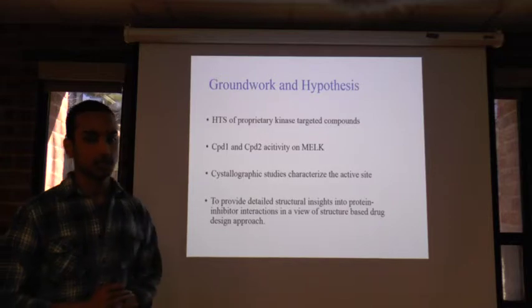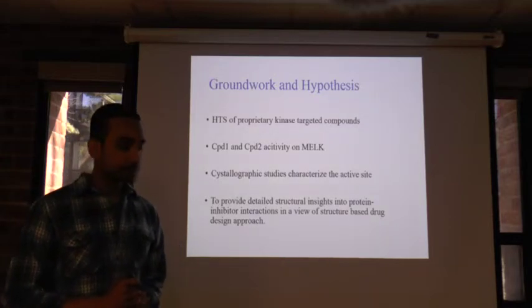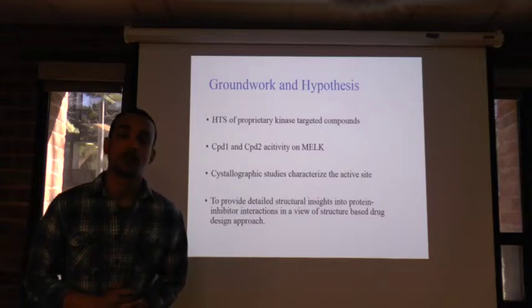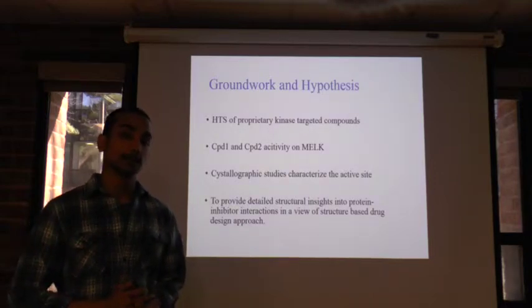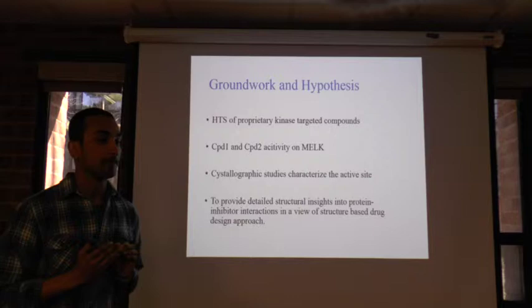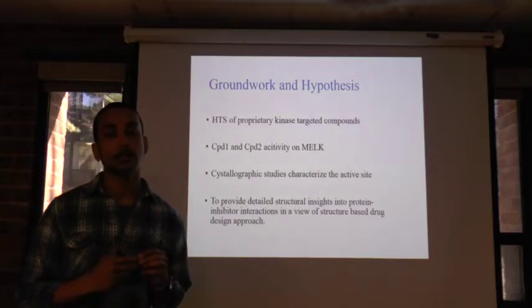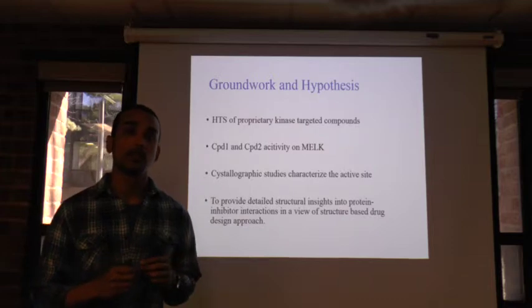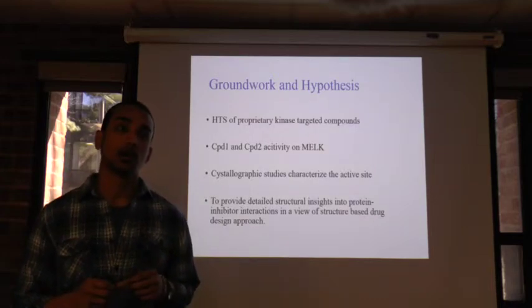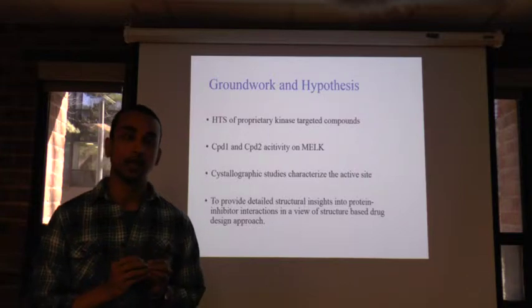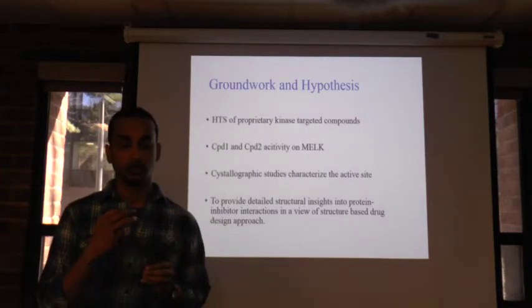So what are the groundwork and hypotheses of this research paper? They did high throughput screening of their proprietary kinase-targeted compounds, using a Kinase-Glo assay. The Kinase-Glo assay is used in 384-well plates, where each well contains the kinase enzyme, ATP, and a substrate that the enzyme will phosphorylate.